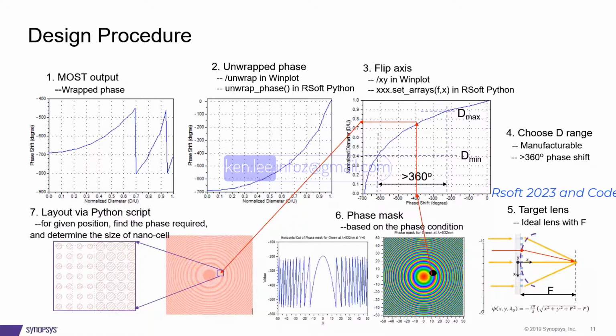For example, for this position, we read the phase required, then we locate its position on the design curve, and then we find out the size of the nanocell which can generate a phase shift of that magnitude. Then we place it at the position we are working on. So by doing this, we can get the layout of the whole Metalens cell by cell.